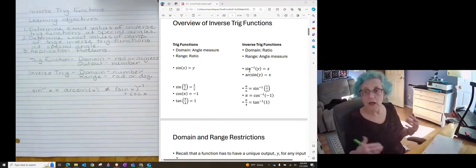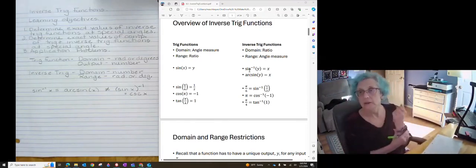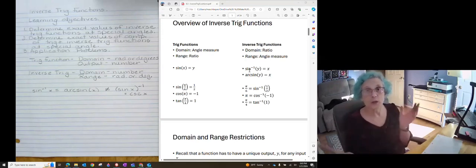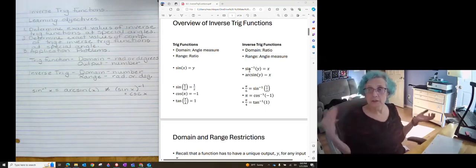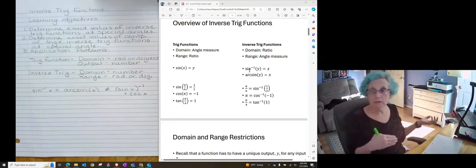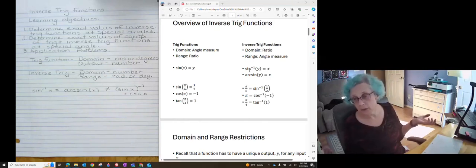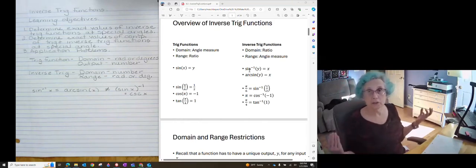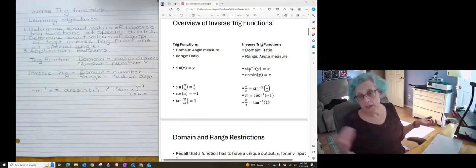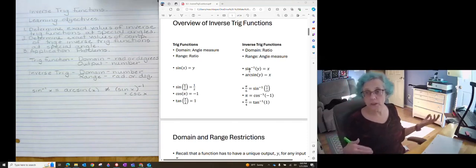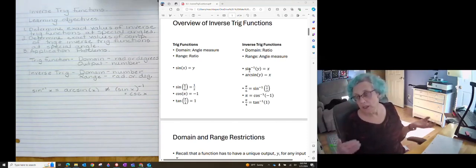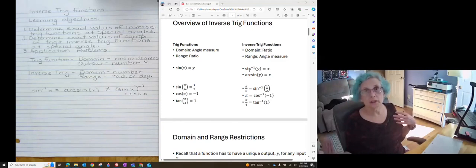So if sine of pi over 6 equals 1/2, then inverse sine of 1/2 is pi over 6. Cosine of pi is equal to -1, so the inverse cosine of -1 is equal to pi. Tangent of pi over 4 is 1, so inverse tangent of 1 is pi over 4.